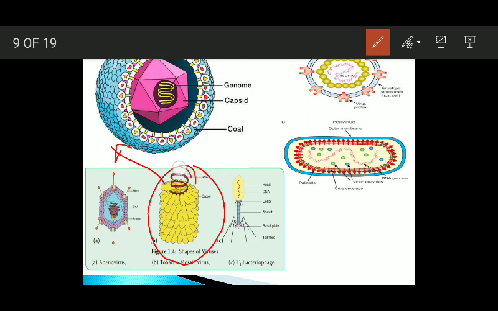It contains RNA as its genetic material, and this RNA is surrounded by these yellow colored subunits, and each yellow colored subunit is known as a capsomer. So a number of capsomers encircle the viral genetic material RNA, and the whole structure is known as capsid. So the capsid is basically a protein coat which protects the genetic material of the virus.